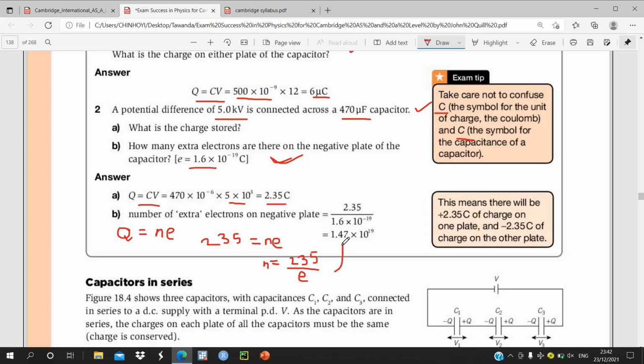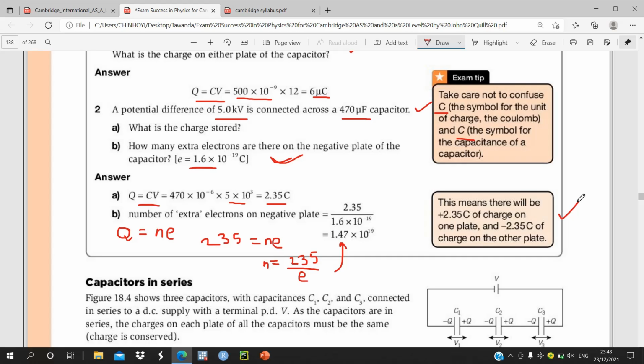So hence, if you look at this example, you are going to see that the number of electrons will be 1.47 times 10 to the power of 19. Those are the electrons that we have. Before we move on, you need to take note of this point.